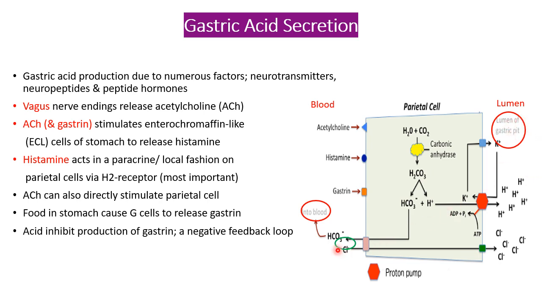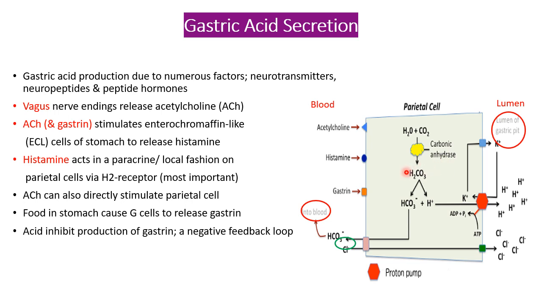The chloride ions are taken out from the blood and they go into the lumen, and this chloride combines with the hydrogen released from the proton pump to form hydrochloric acid in the gastric lumen. The source of the proton is carbonic acid, which is produced from water and carbon dioxide in the presence of the enzyme carbonic anhydrase.